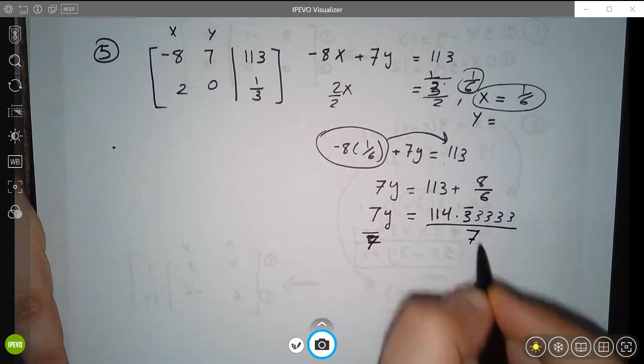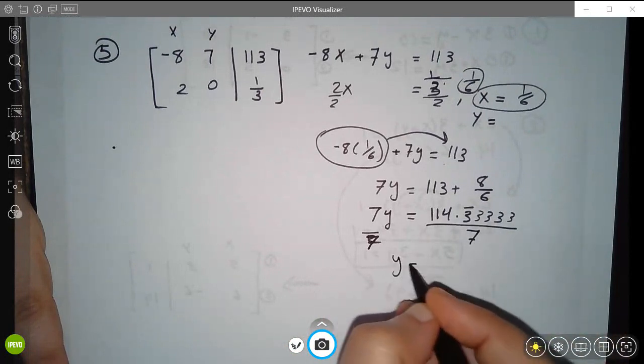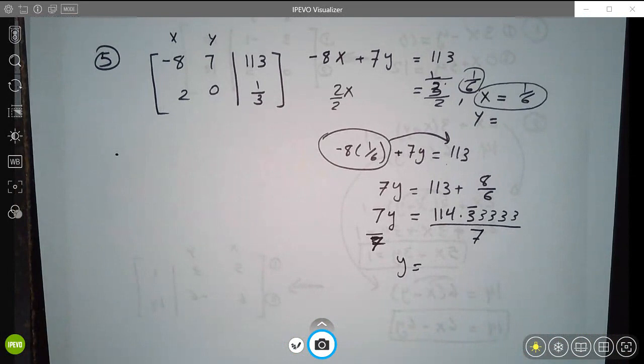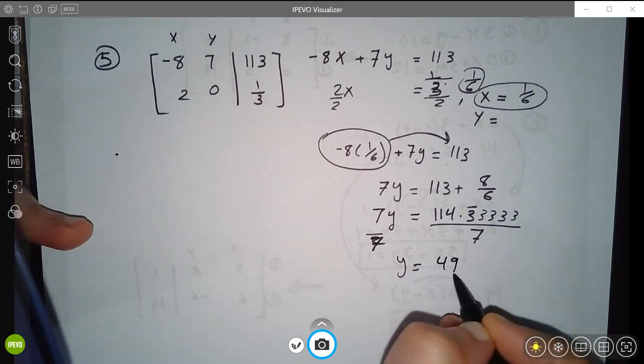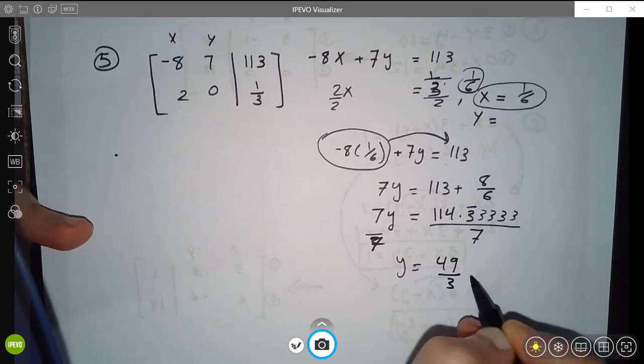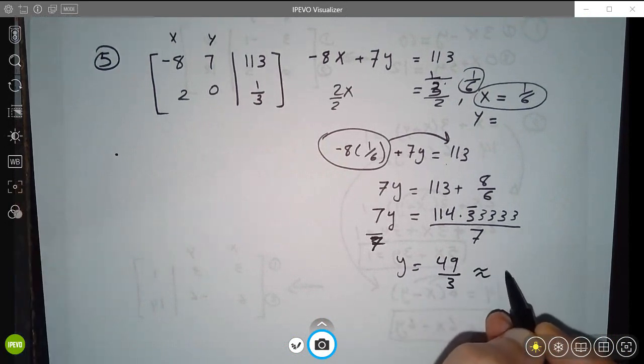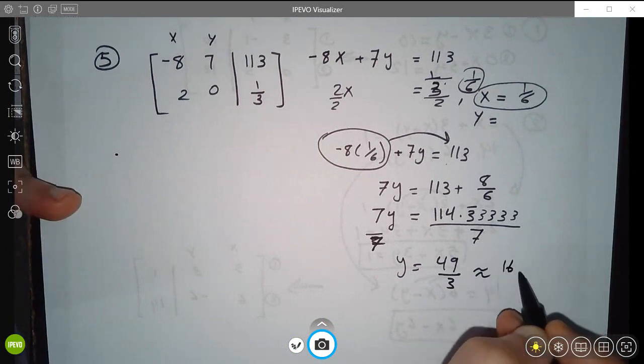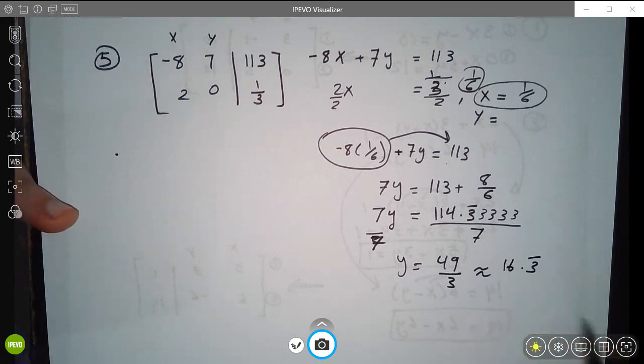Divide by 7. And y is like 49/3, or approximately 16.3. And it keeps going on forever.